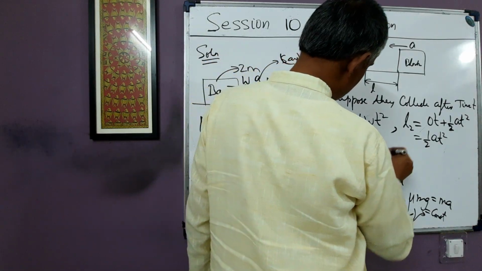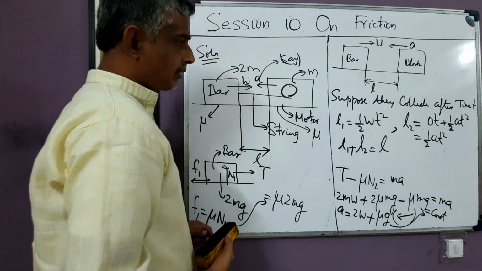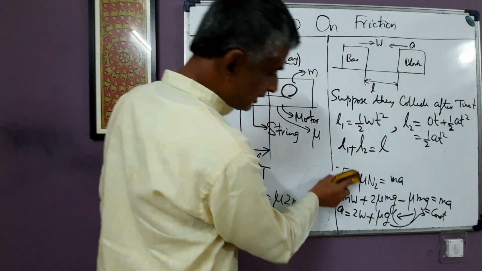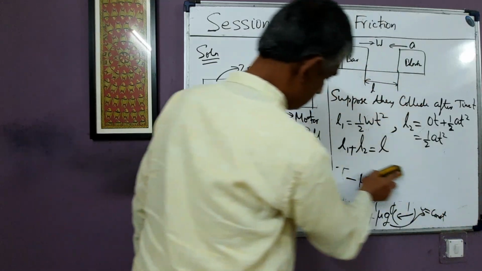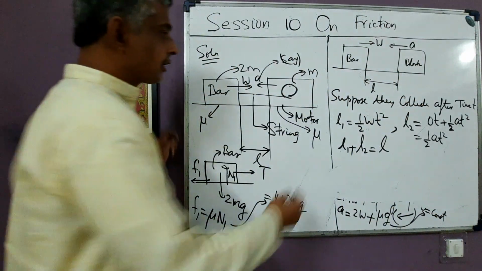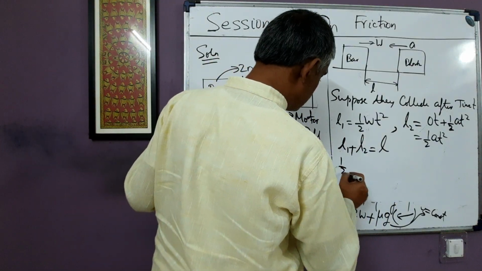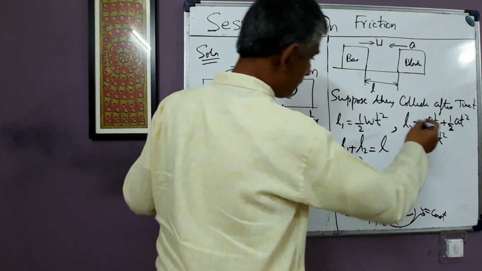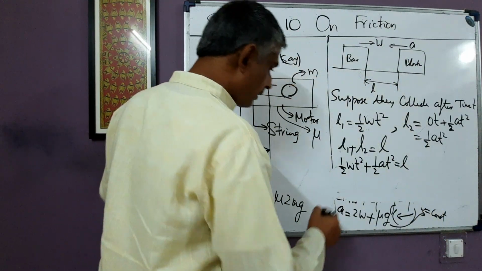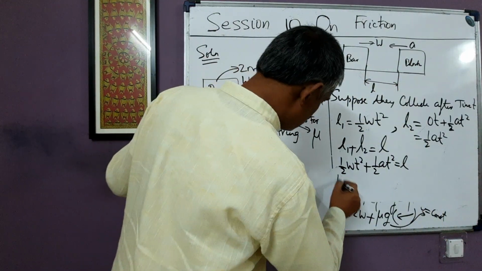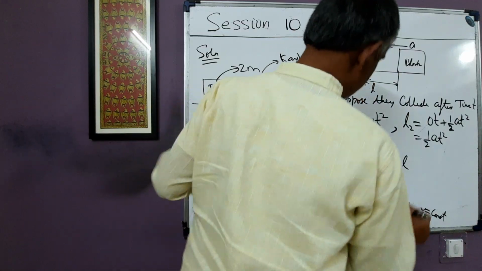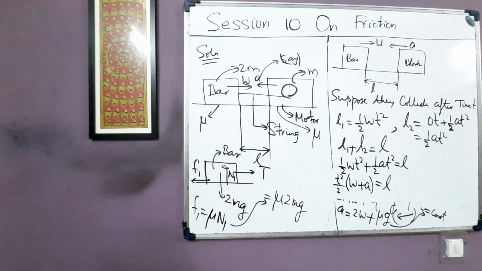So L1 is half w t square, and L2 is half a t square, equal to L. So t square by 2 becomes common, and w plus a equals L.